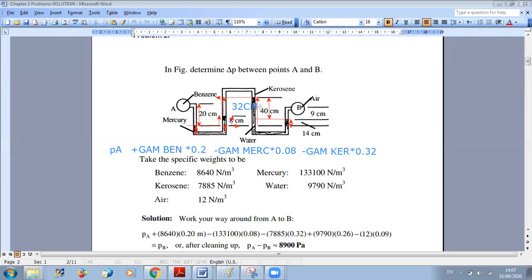So I have 40 minus 14, which is 26. And since I'm going down, it's plus. So I will add plus gamma of water times 0.26.